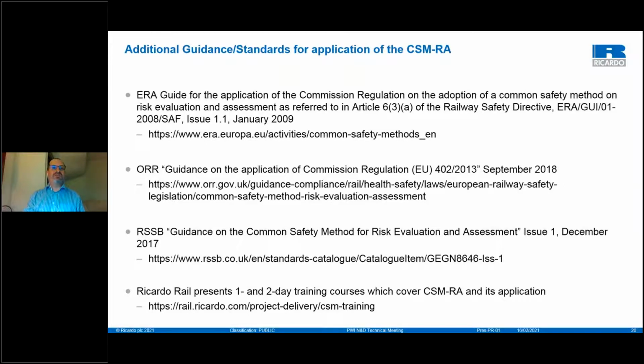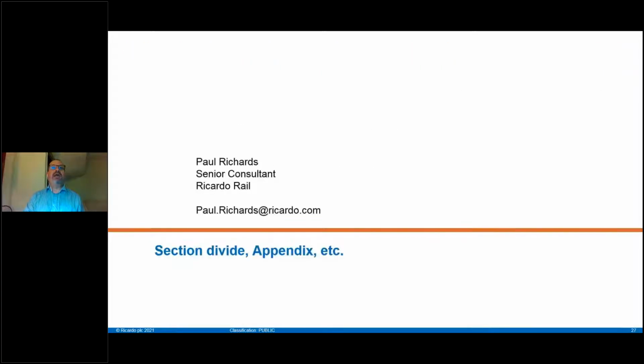So if you need additional guidance, there are guidance documents that are very useful on CSMRA that have been produced by the ERA, ORR, RSSB, and shameless plug for Ricardo's 1 and 2 day training courses, which you'll be pleased to hear concludes my presentation.